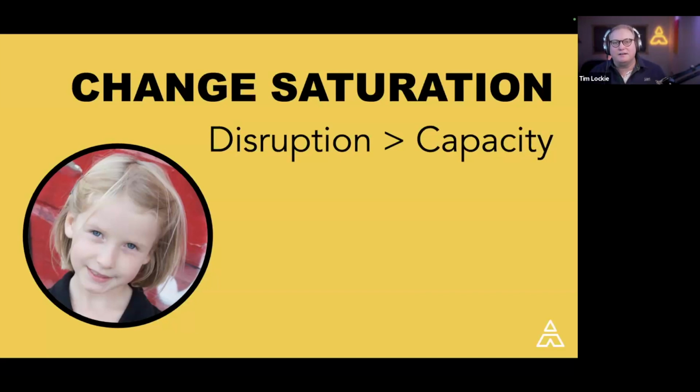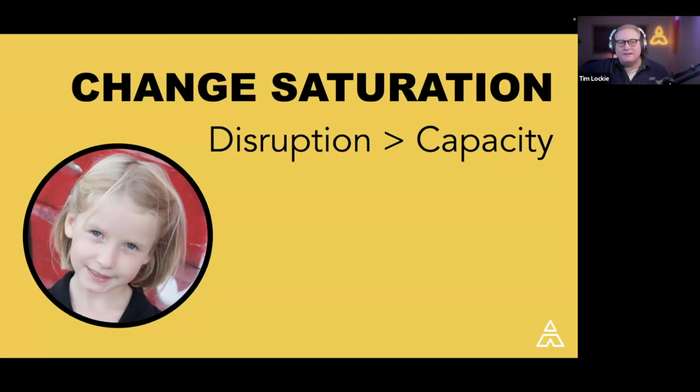And just like my daughter had a negative reaction to being disappointed and hitting a level of change that she just couldn't deal with, that one last thing, when humans hit high levels of change saturation over and over, they respond negatively and they associate that negativity to whatever caused it.